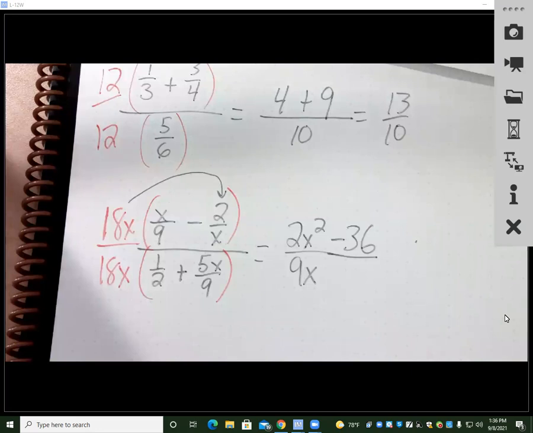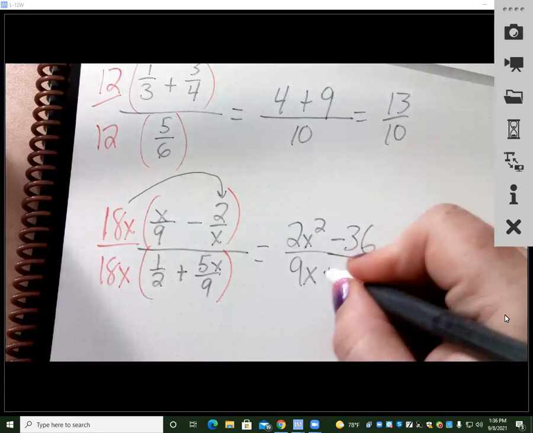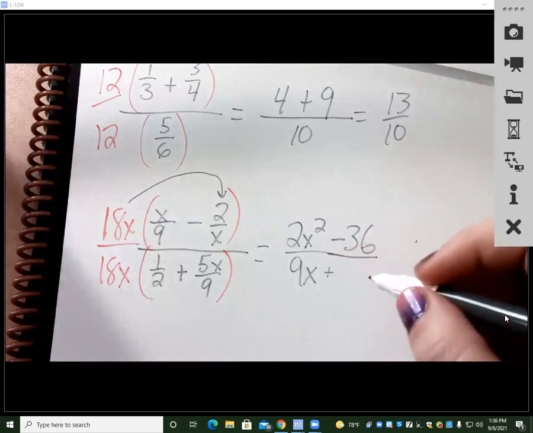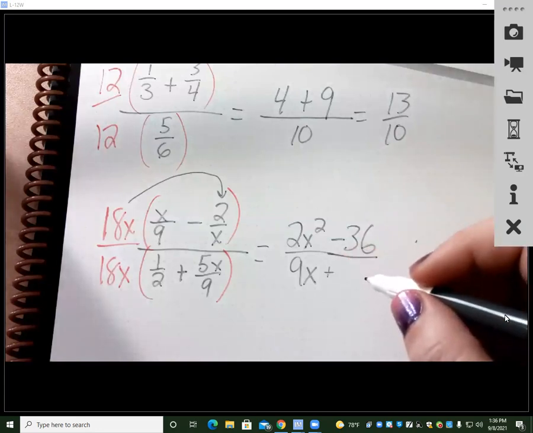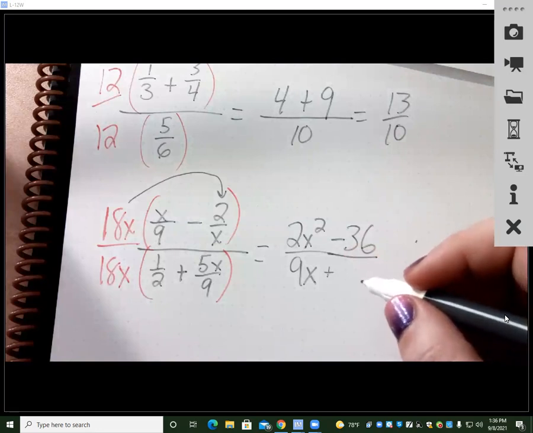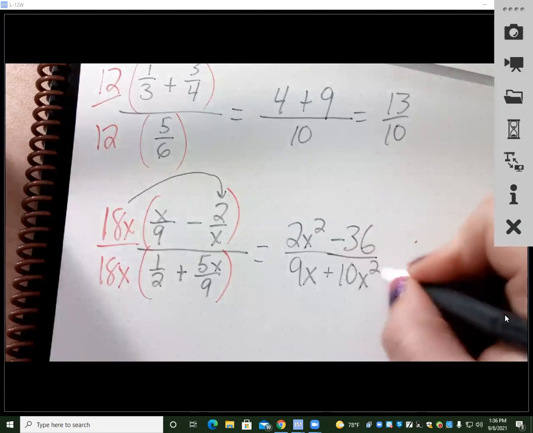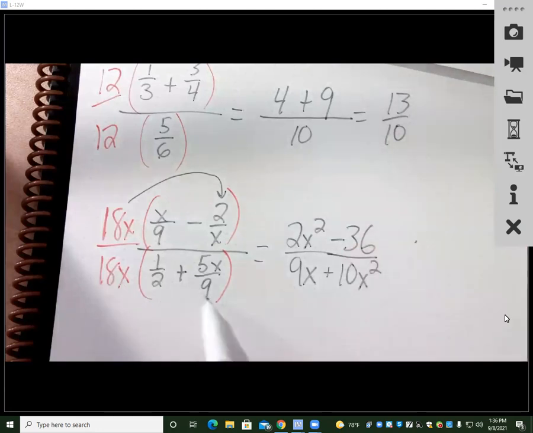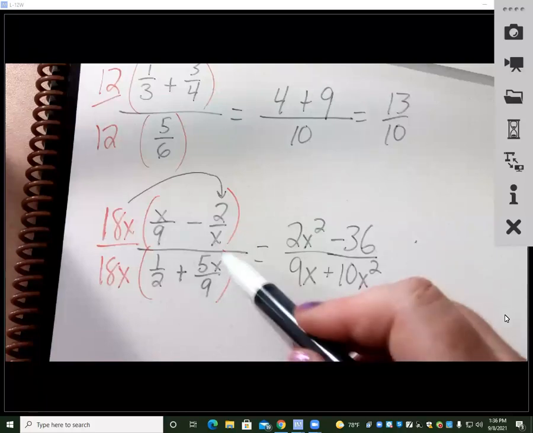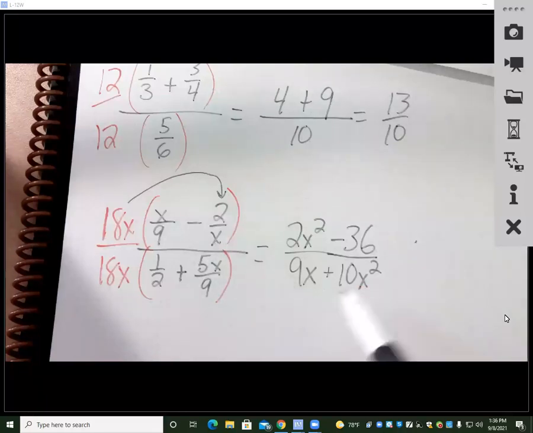So it's going to be positive. What goes here? Anybody have it? 10x squared, you say. I agree. Do you see where that's coming from, everybody? If you divide down, 18x divided by 9 would be 2x. So now I do 2x times 5x. That's where I get 10x squared.